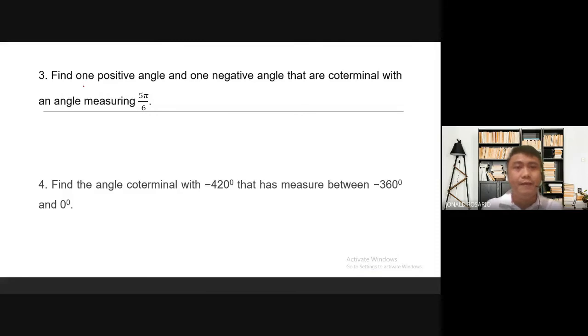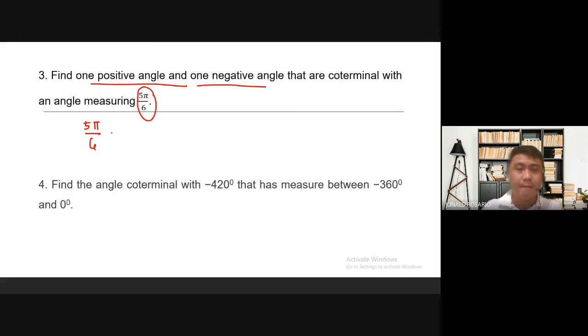Number 3, find one positive angle and one negative angle that are coterminal with an angle measuring 5 pi over 6. Radian po ang given dito, isang positive, isang negative. Ano yung ina-add natin pag radian? Pagka sa degree, 360.